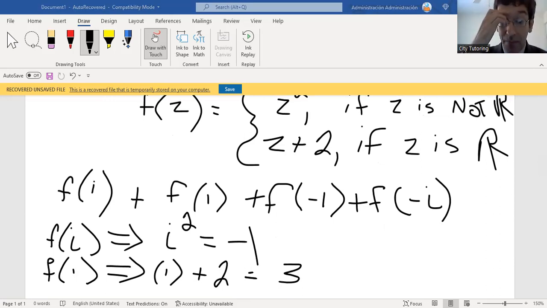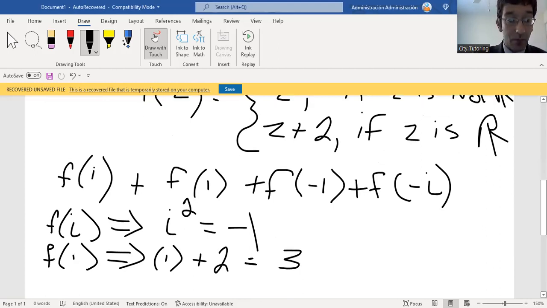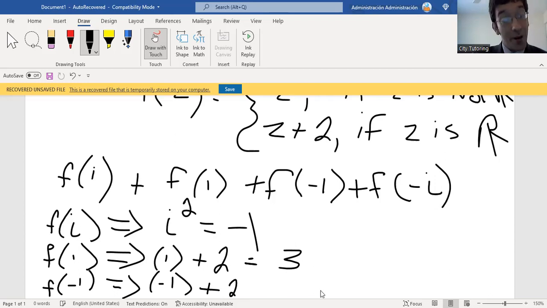Then negative 1 is also a real number, so you still use the z plus 2. So f of negative 1 goes negative 1 plus 2, which gives you 1.